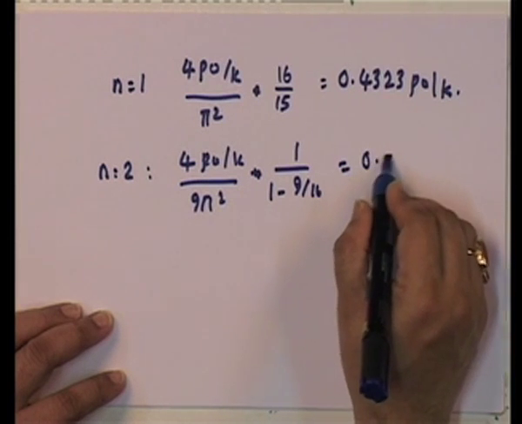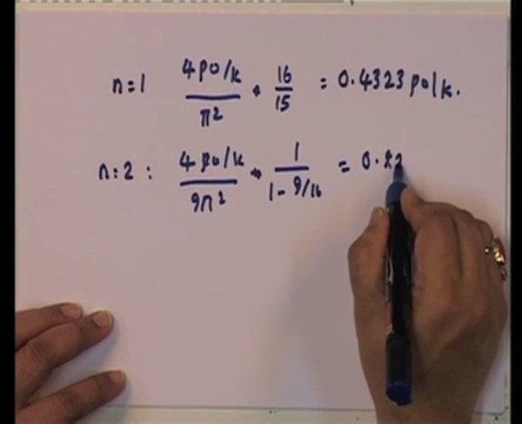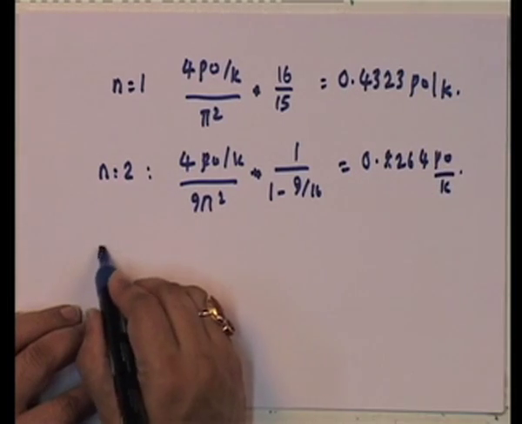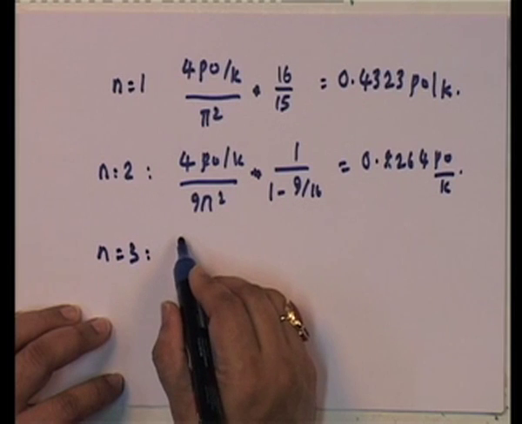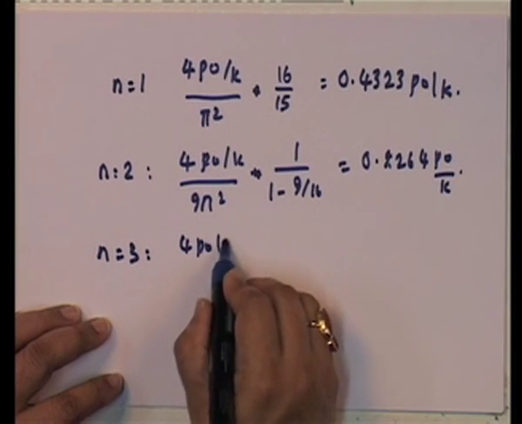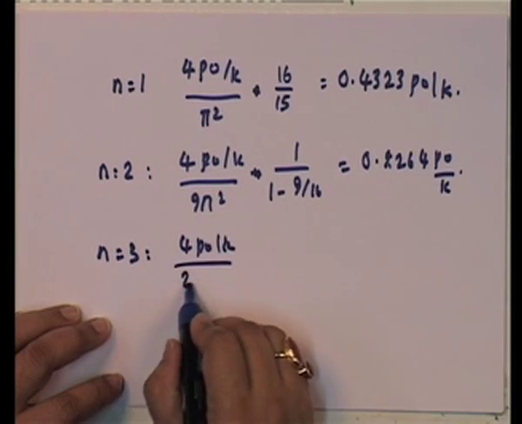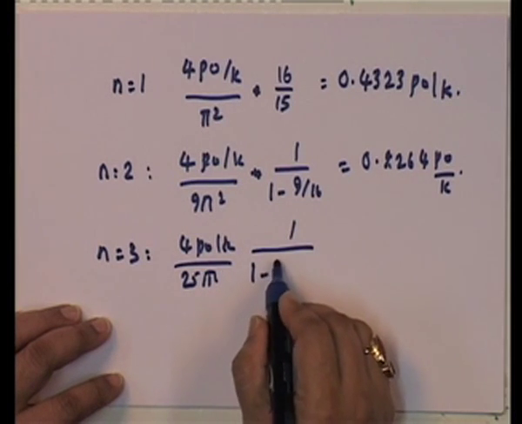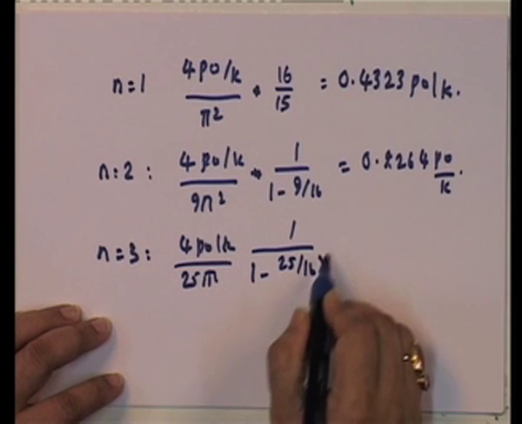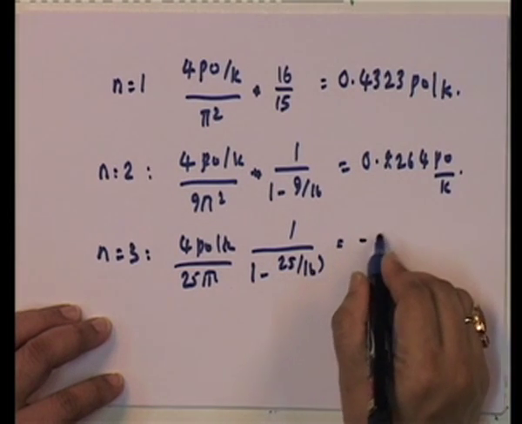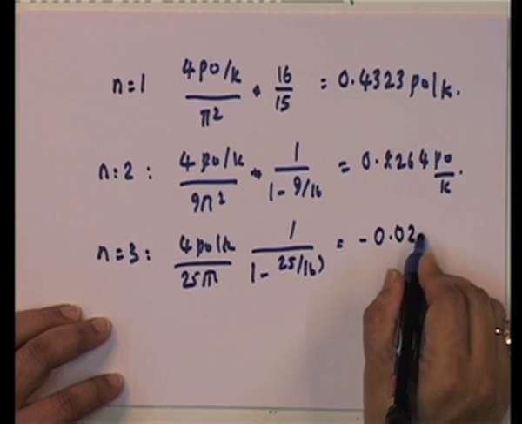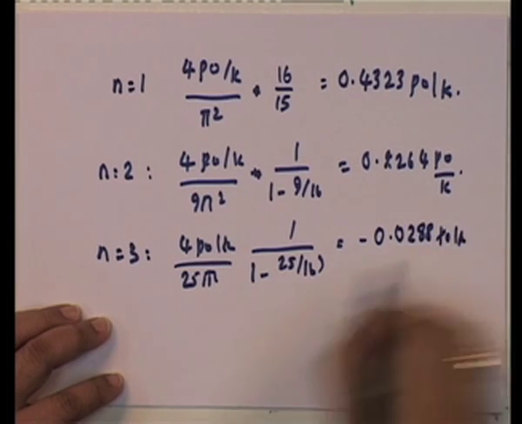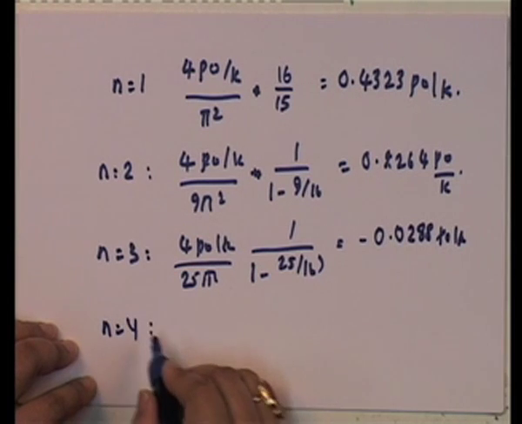So, this becomes 0.9264 p naught upon k, n equal to 3, 4 p naught upon k upon 25 pi squared, 1 minus 25 upon 16. So, this becomes minus 0.0228 p naught upon k, n equal to 4.